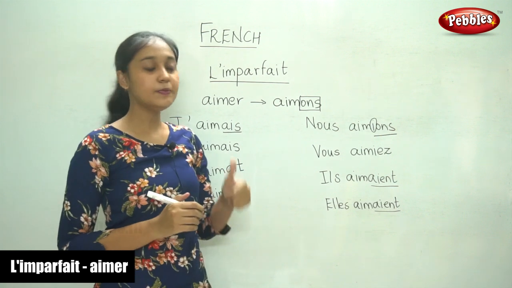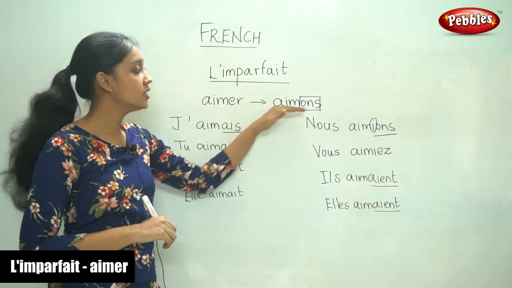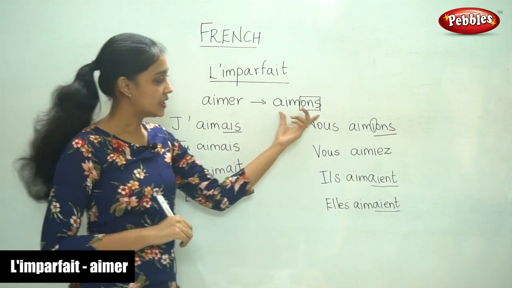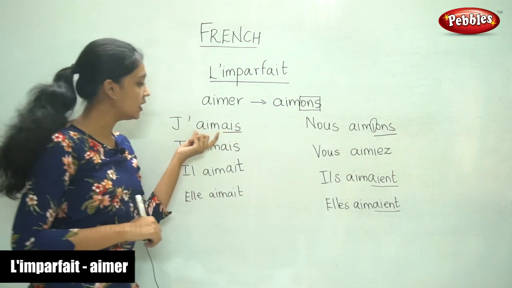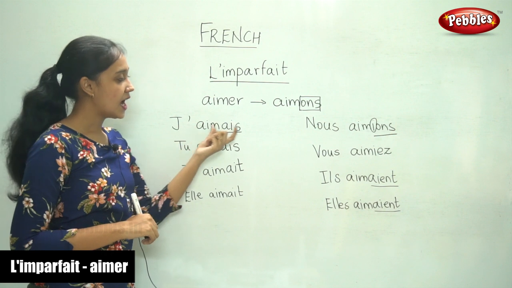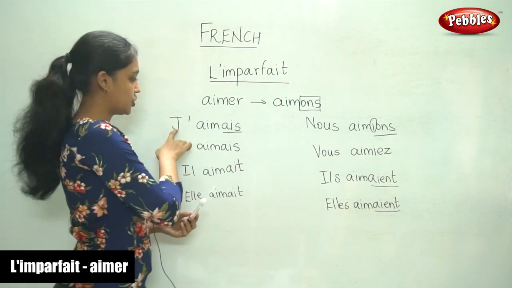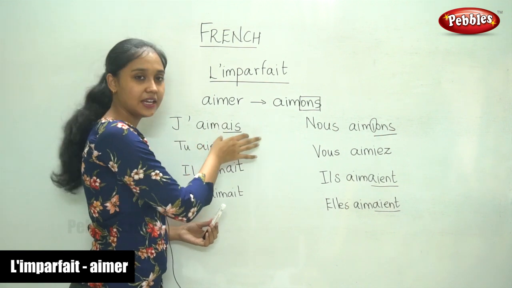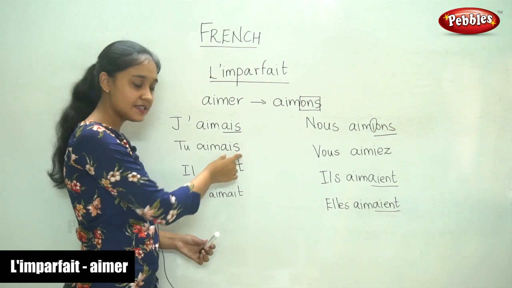So the first step is to take the nous conjugation of the given verb in the present tense. Then you remove ons and what is remaining will come in every word, and you have to add the endings for imparfait. So for je, the ending is ais. For tu also ais.